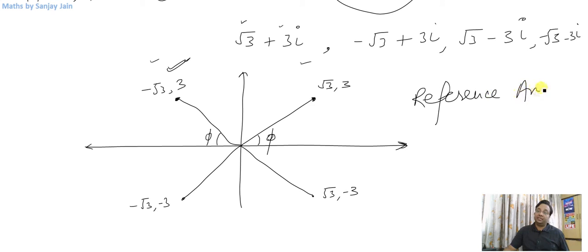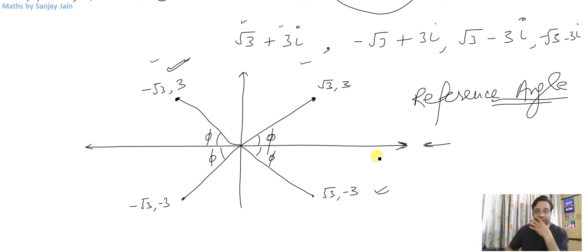What is reference angle? It is the smallest angle that a ray makes with x-axis. Now I am not saying positive direction of x-axis, anywhere with the x-axis. So let this be phi for this number. When this number is in first quadrant, this is my reference angle, the smallest angle made with the x-axis.